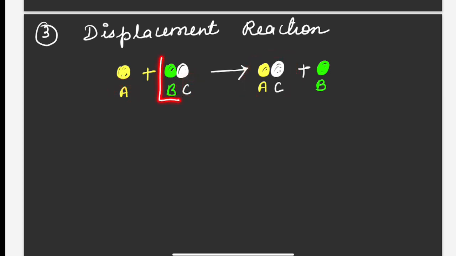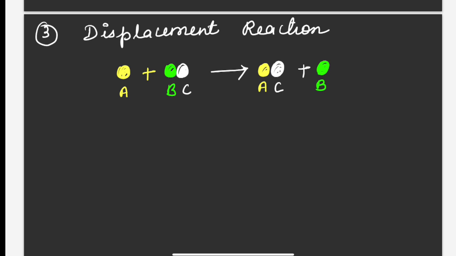What has happened to B? B is removed, or we say it is displaced. Therefore this is called displacement reaction, where one element will be displaced by another element.